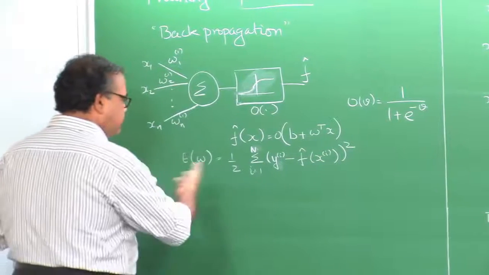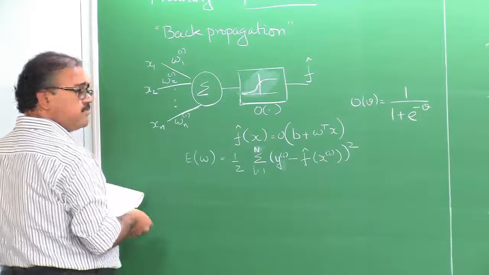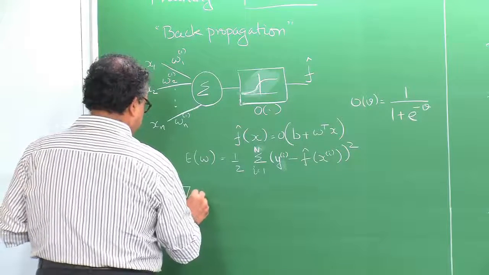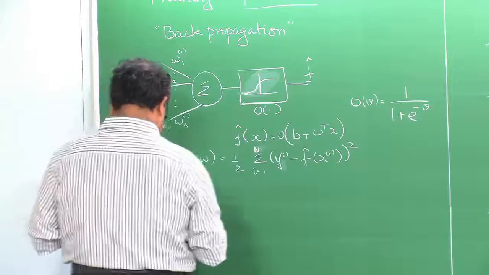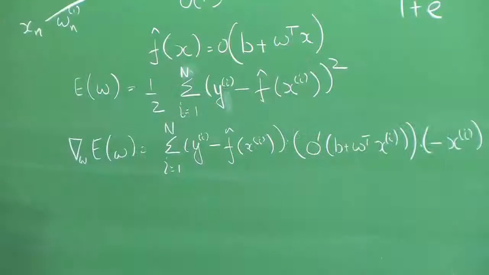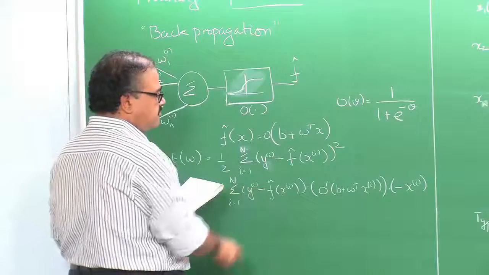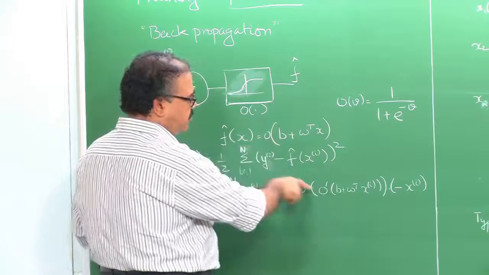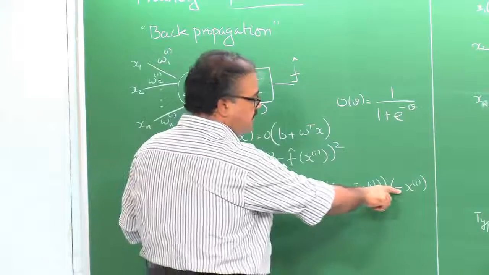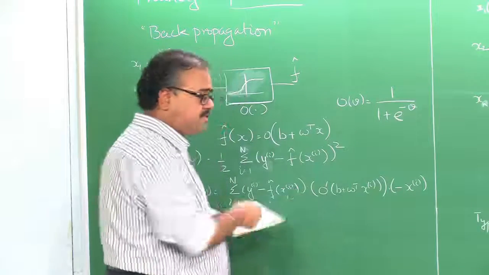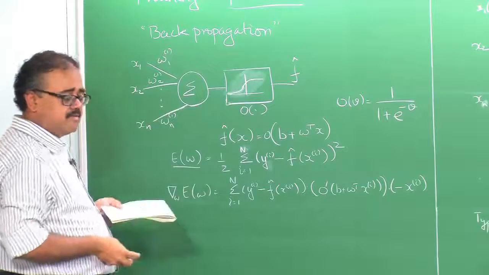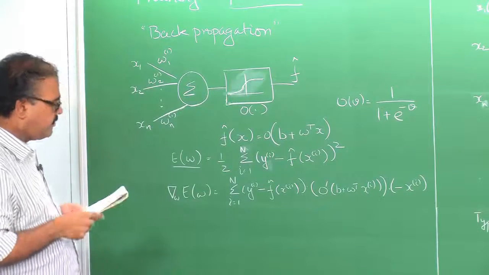The way we are going to use this for changing the weights is essentially to compute the gradient of the error. That will be the error times the derivative of the output function times minus x i. This is essentially taking the derivative of this with respect to w.